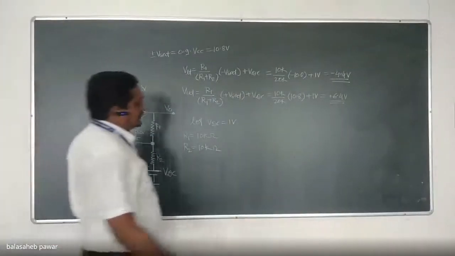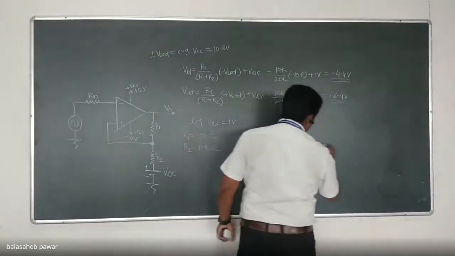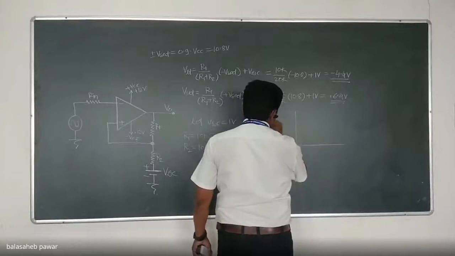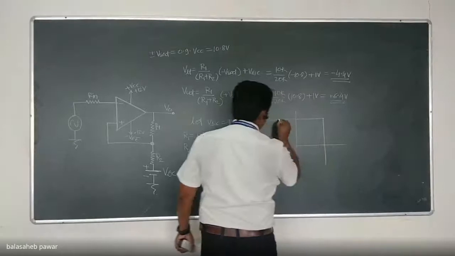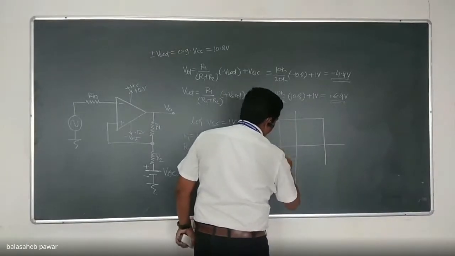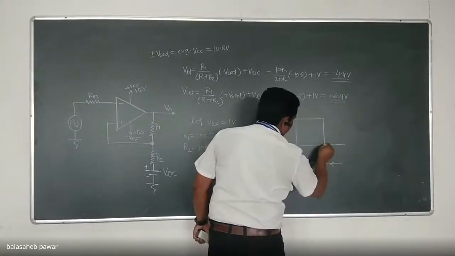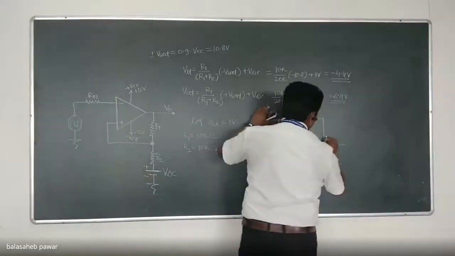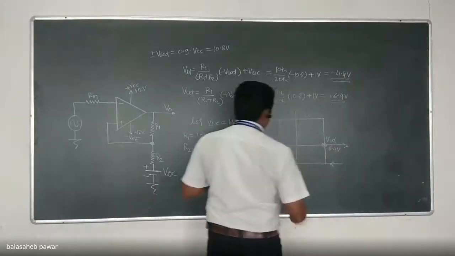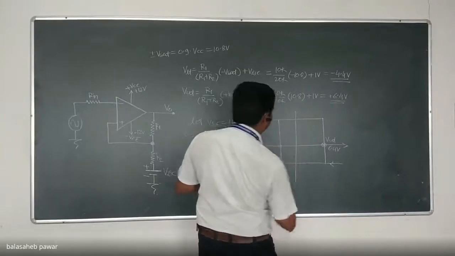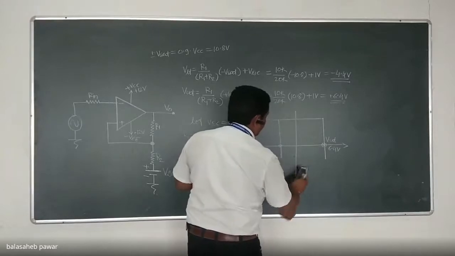And that hysteresis curve will be somewhat like this. It will not be symmetrical about the origin. For plus VSAT, VUT will be more, that is nothing but 6.4 as per our example. And this one is VLT. Just a minute, I have to draw, because the saturation levels are equal.